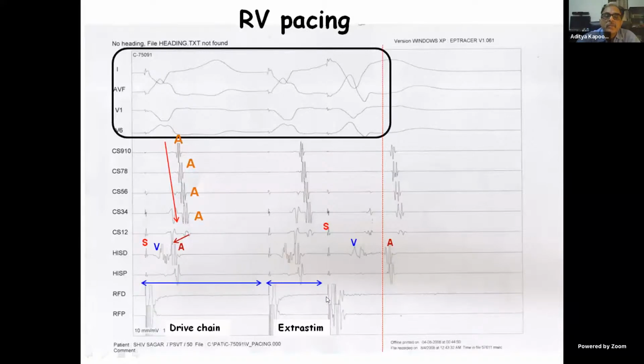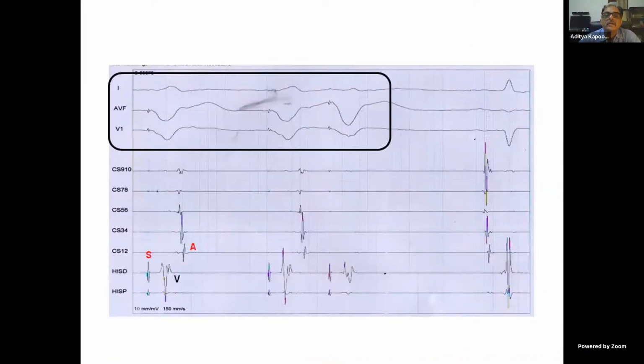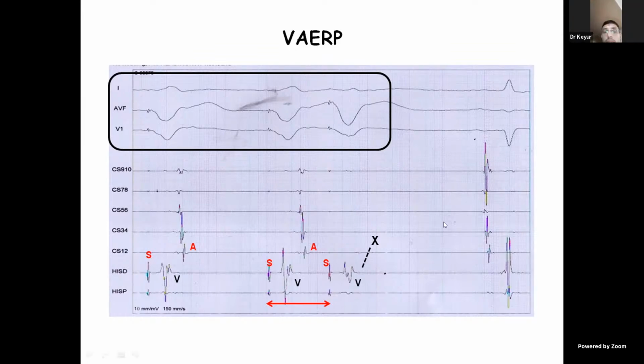As I keep on making this more and more premature, at some point of time this V will get blocked retrogradely in the AV node. So this is just a physiological study which we are doing. So now this interval becomes the VAERP. ठीक है? So VAERP आप इससे देखोगे कि stimulus आएगा, V आएगा, it will not get conducted to the atrium. Correct? Agree? Okay. Shall I go ahead?